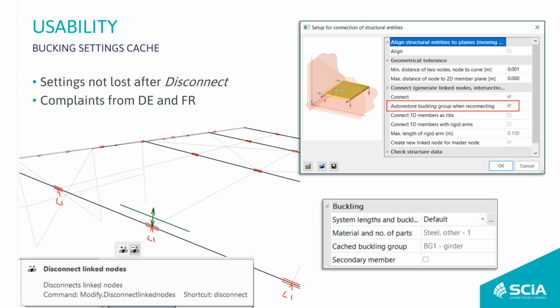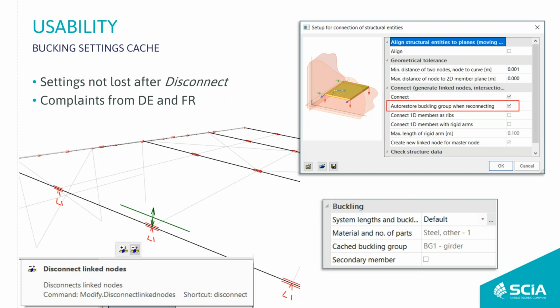It's in version 18.1. In version 19, we did an enhancement so that you can choose to restore the buckling settings for the members once you do the connection and alignment once again after changes to the construction.